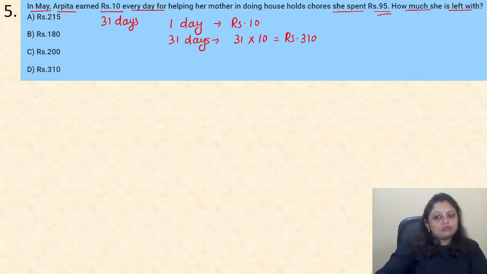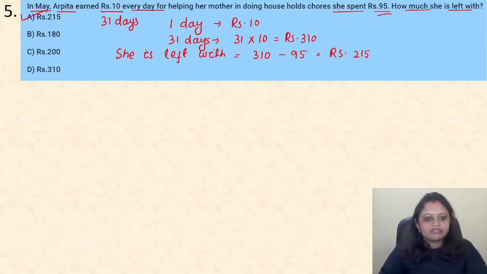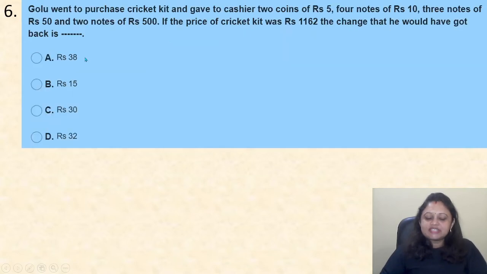Okay, so how much is she left with? She is left with 310 rupees minus 95 rupees, that is equal to rupees 250. Okay, and where is it present? It is present in option A. Got it, everyone? Coming to the next question.